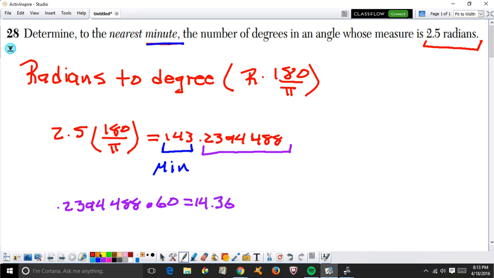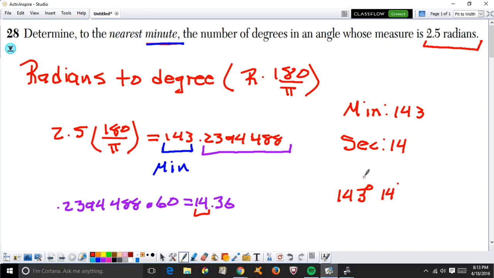So we know that when it comes to minutes, we have 143 minutes. For seconds, we have 14 seconds. So that means our answer is 143 minutes with 14 seconds.